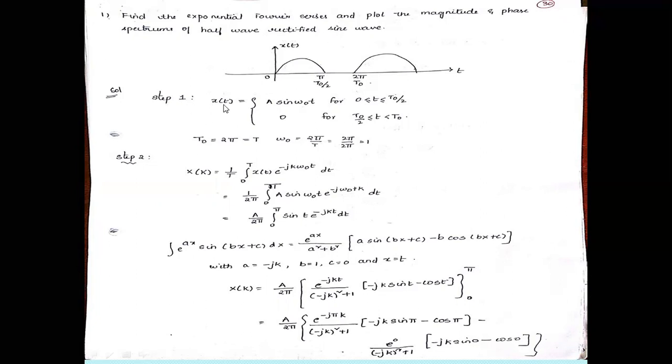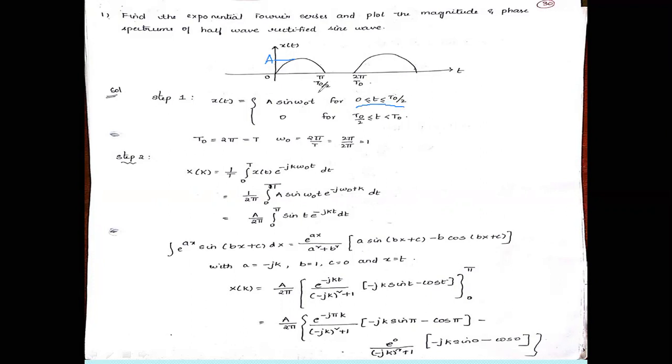So the given x of t is equal to A sine omega naught t in the duration of 0 to T0 by 2.